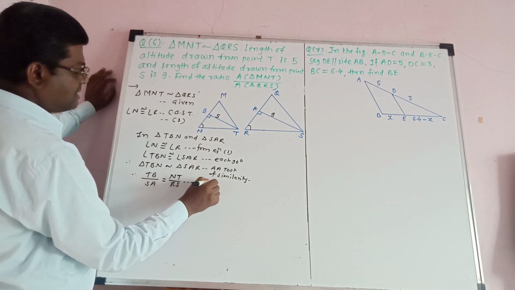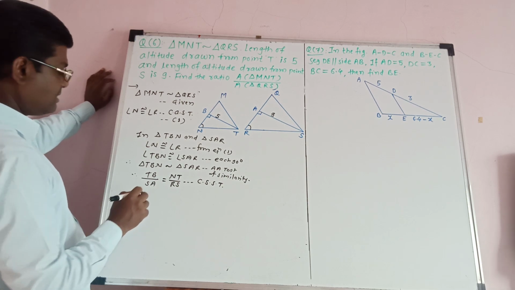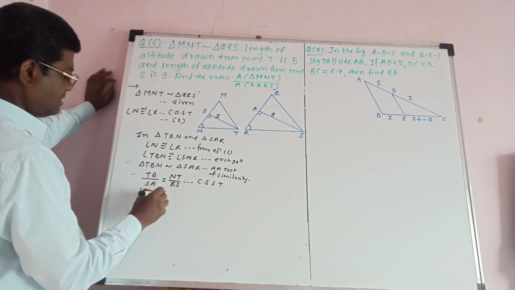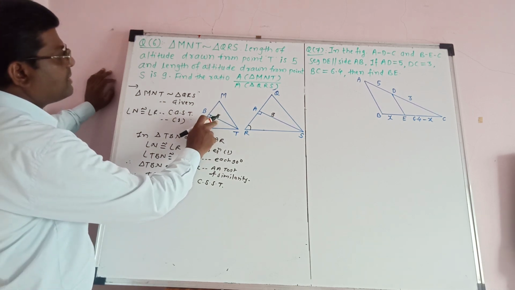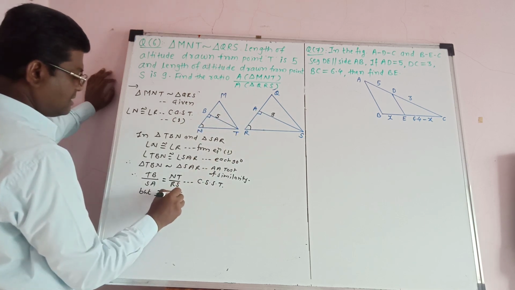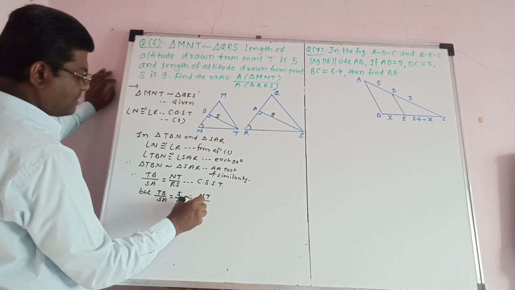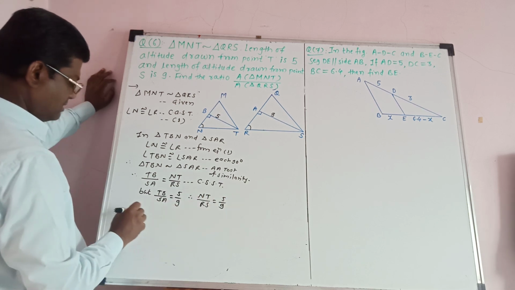Reason is CSST, corresponding sides of similar triangles. But TB upon SA, TB is 5 and SA is 9, 5 upon 9. Therefore NT upon RS, this ratio is also 5 upon 9.